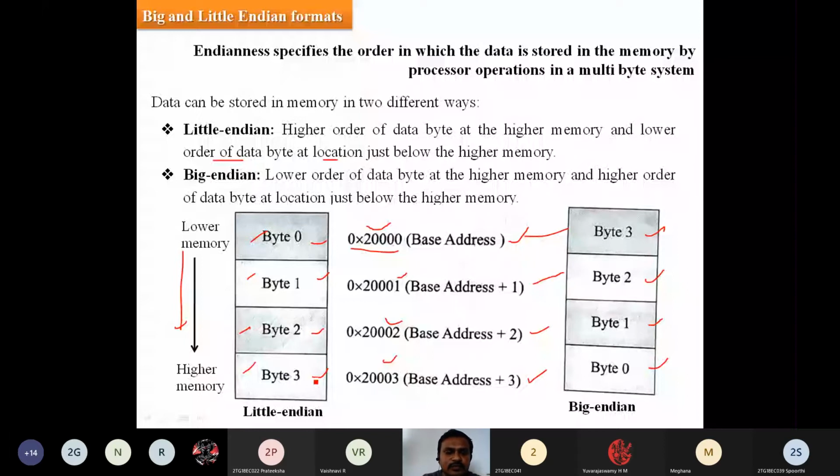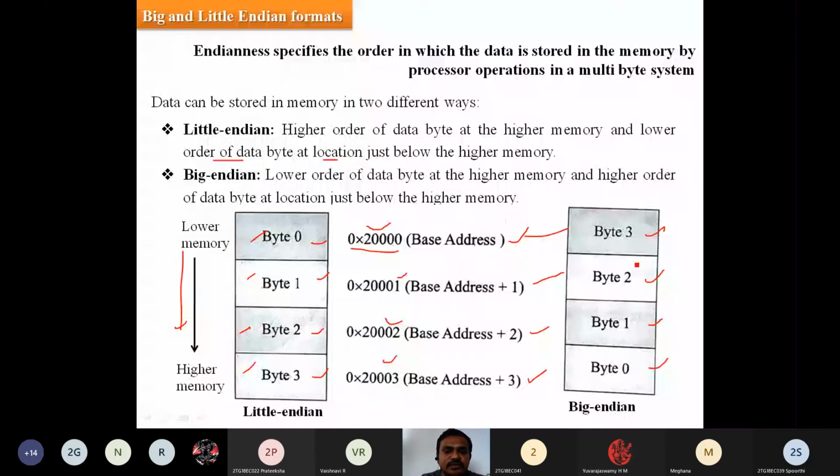So byte 0 and byte 1 are in the lower memories, and byte 2 and byte 3 are in higher memories. Means lower first, upper next. In Little Endian, lower first, upper next. What about here, in Big Endian? Higher first, lower next.